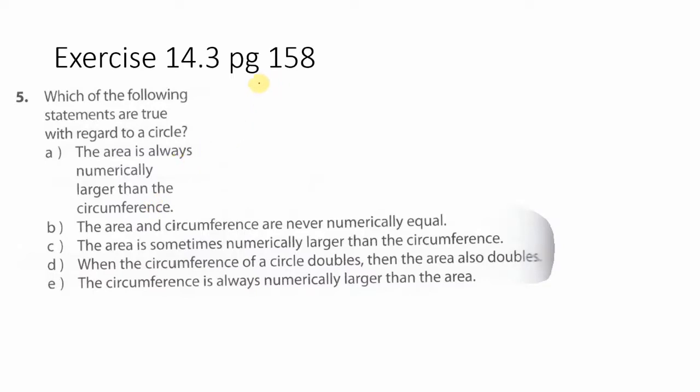So we know the area of a circle is pi radius squared, whereas the circumference is 2 pi radius.